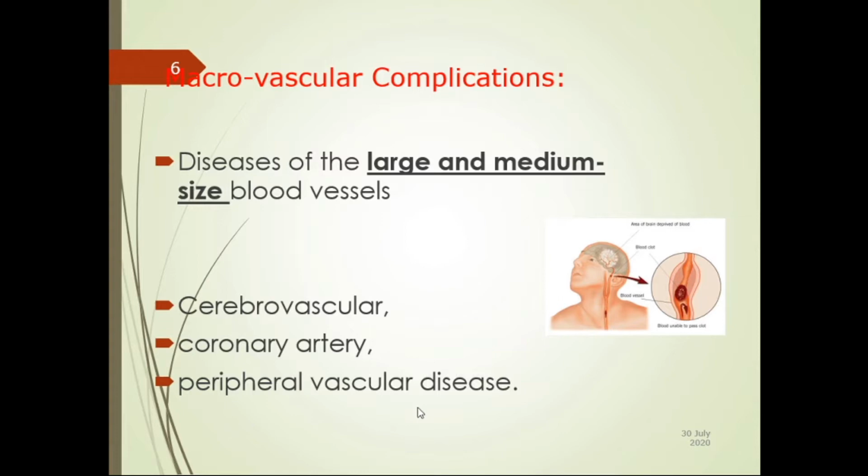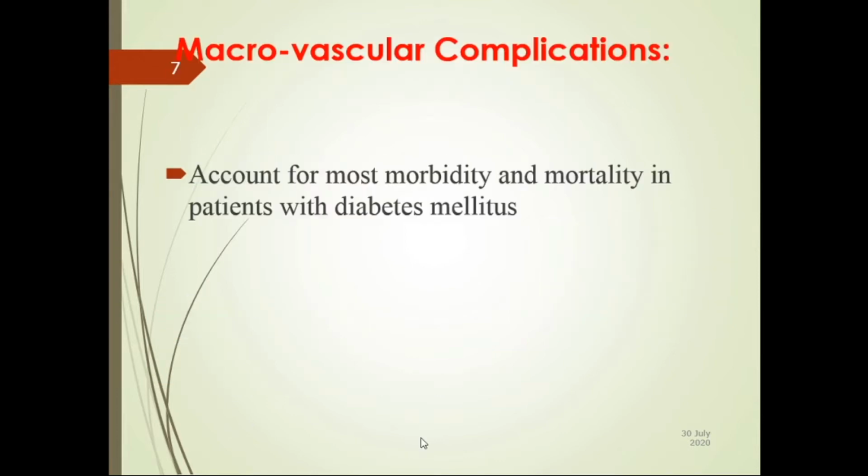Diabetic patients are at 2 to 6 times higher risk of developing these complications than the general population. So macrovascular complications account for most of the morbidity and mortality in patients with diabetes mellitus. So anytime there's this problem, it's usually due to the complications, especially the macrovascular as opposed to microvascular complications.